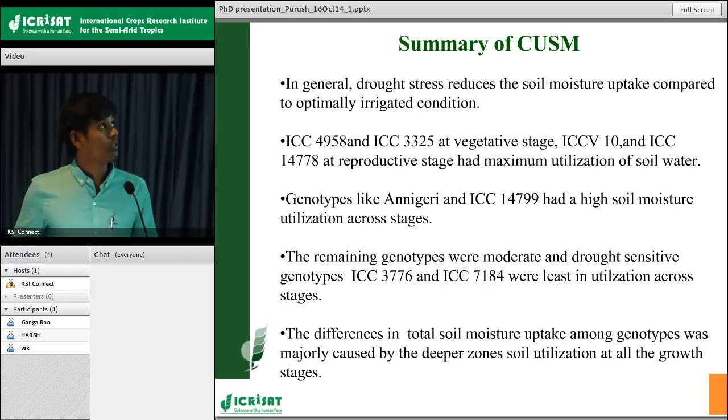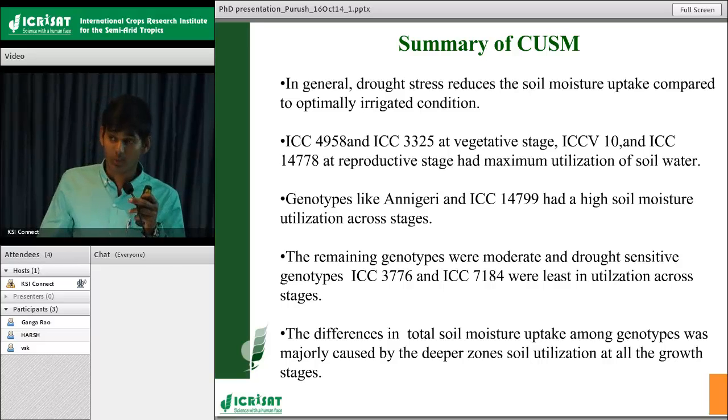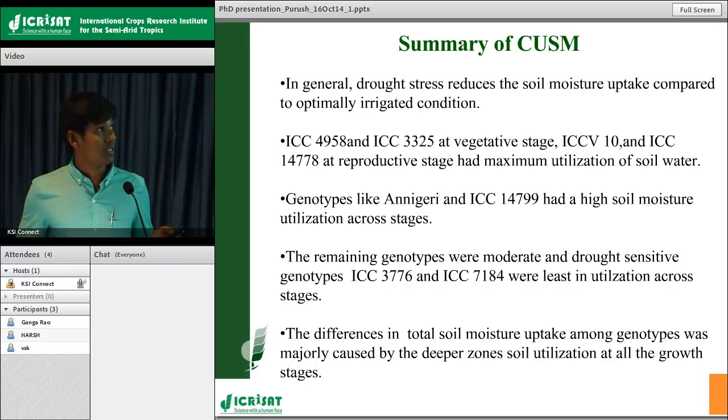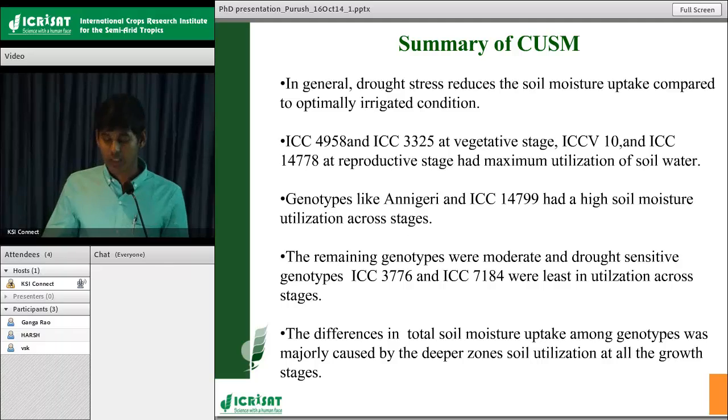While talking about the crop utilized soil moisture, the drought stress reduced the soil moisture uptake compared to the optimally irrigated condition. ICC 4958 and 3325 at the vegetative stage, and the best adapted variety ICCV 10 and the highly tolerant genotype 14778 utilized the maximum amount of water at the reproductive stage, and the genotypes Annigeri and 14779 had a high soil moisture utilization across stages.